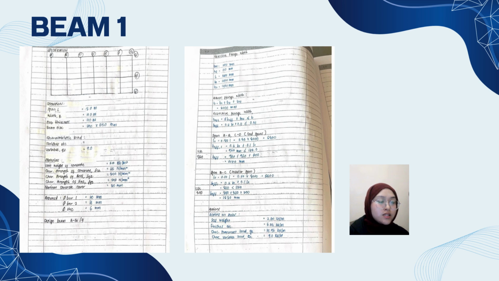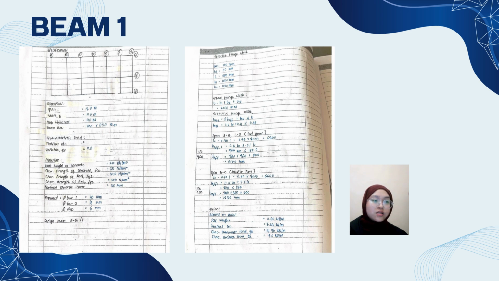We calculate this for two different conditions: the end spans AB and CD, and the interior spans B and C. For the end spans, we use an effective width of 2120 mm, and for the interior spans, it is 1880 mm. This value is crucial for calculating the beam strength later on.